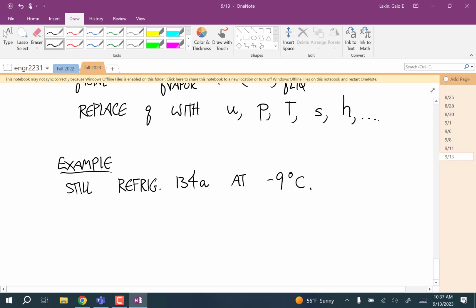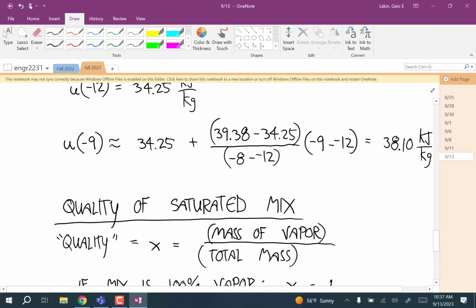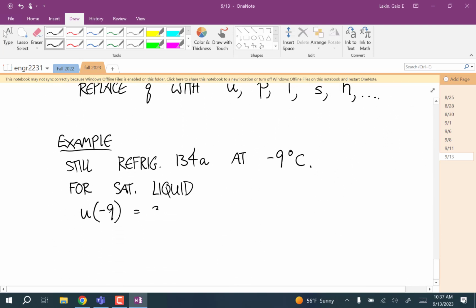From the example above, we know that for a saturated liquid, U at negative 9 degrees Celsius was equal to 38.10 kilojoules per kilogram.